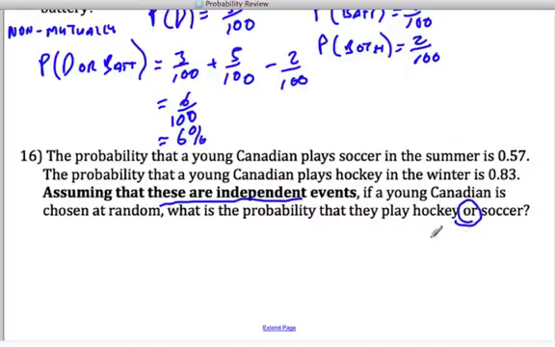So ask yourself if it's an or statement, then ask yourself if it's mutually exclusive or non-mutually exclusive. And since you can play both hockey and soccer, it is non-mutually exclusive in this case.